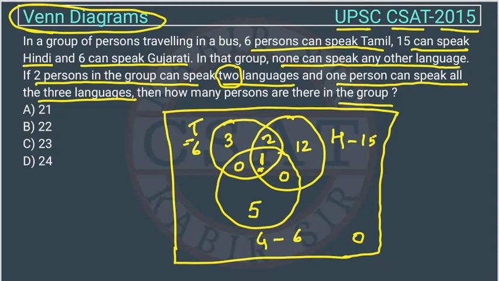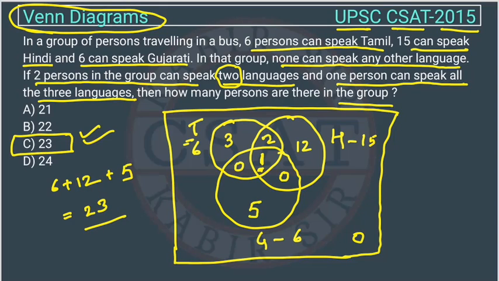So now we will add them all and we will get the answer because the question is asking how many people are there in the group. So here 3 plus 2 plus 1, so this is 6, 6 plus 12 plus 5, right? So this will be 23. So the answer is option C.